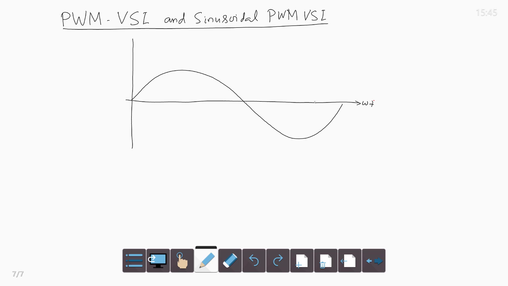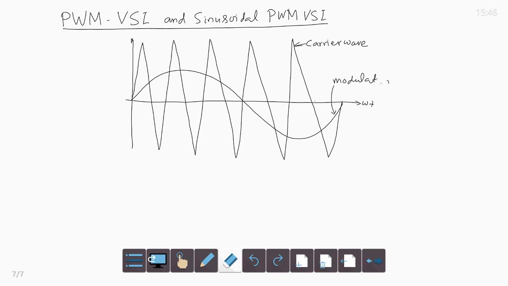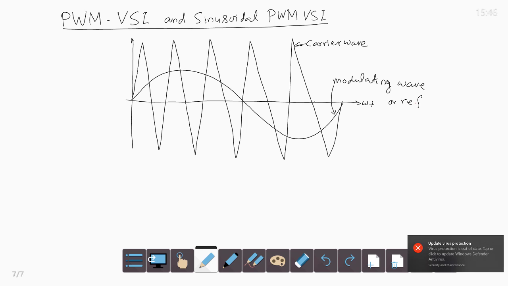This is the reference wave or modulating wave, and this is the carrier wave, which is triangular.